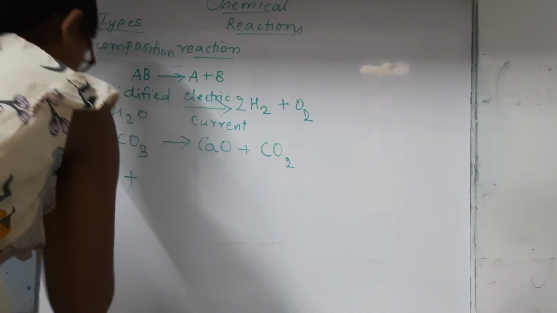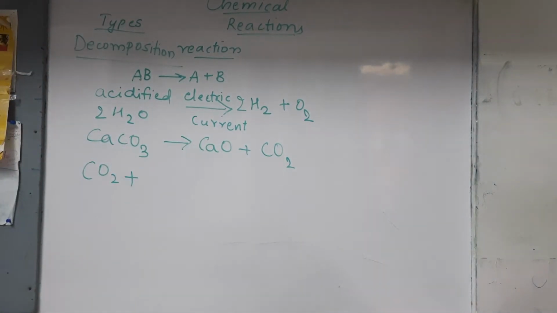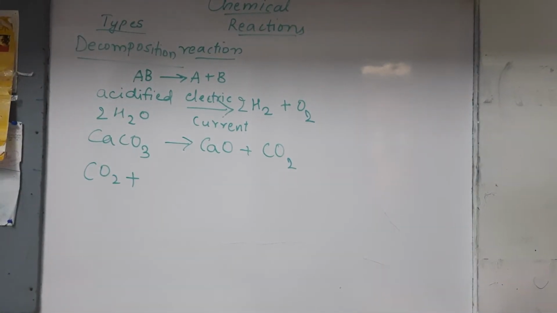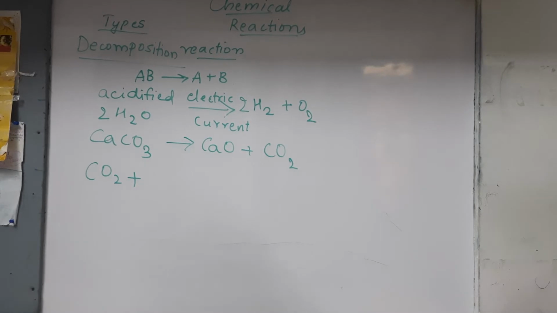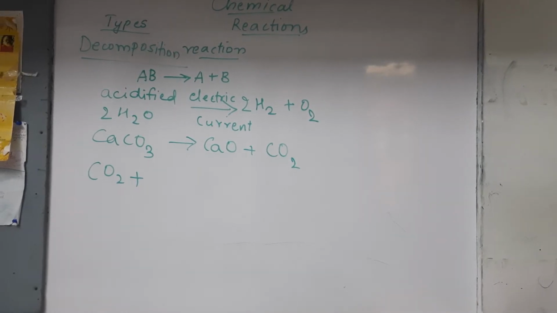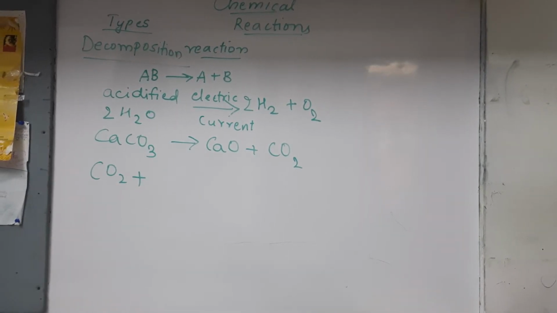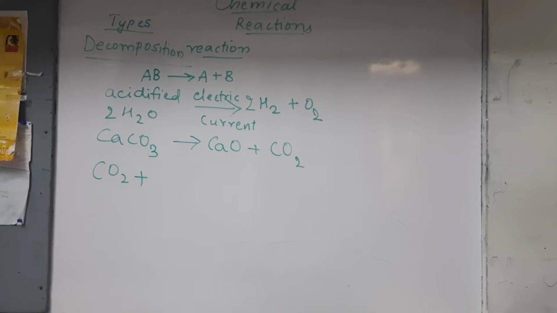CO2 plus Ca(OH)2. You have to always remember the formula of lime water. Many of them have a tendency of writing slaked lime's formula, but slaked lime and lime water are different.